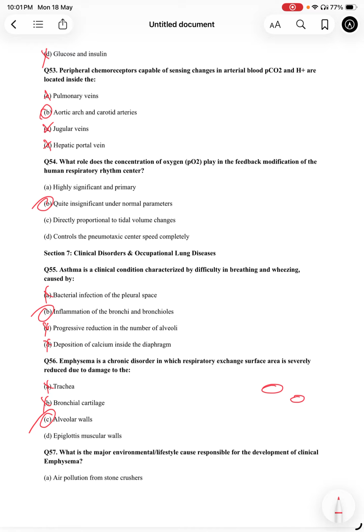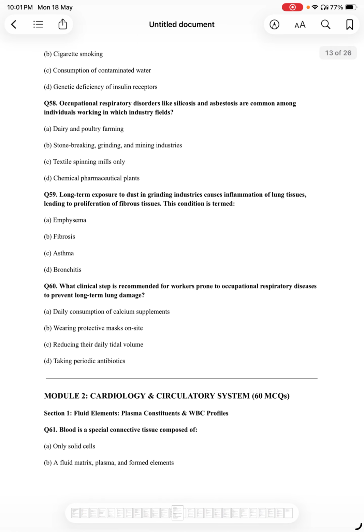Now, what is the major environmental or lifestyle cause of clinical emphysema? Air pollution from stone crushers, cigarette smoking, consumption of contaminated water, genetic deficiency of insulin receptors.